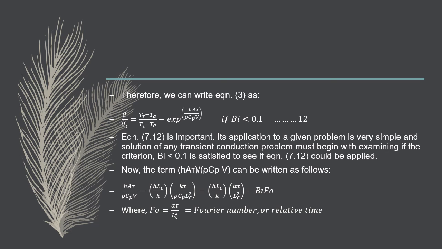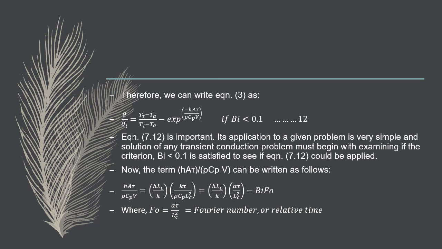Equation 7.12, which is equation 12, is important. Its application to a given problem is very simple, and the solution of any transient conduction problem must begin by checking that the criterion Bi less than 0.1 is satisfied, so that equation 12 can be applied.